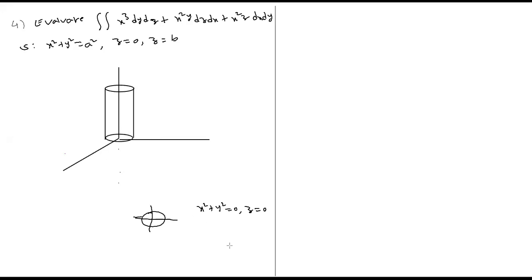So can you see this? The lower part of the cylinder is bounded by z equal to 0. The upper part is bounded by z equal to b.